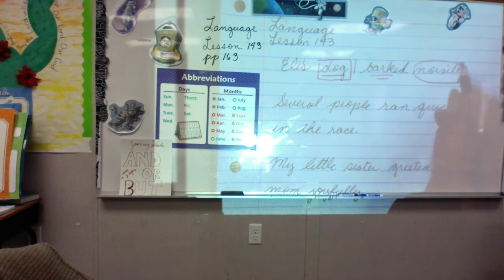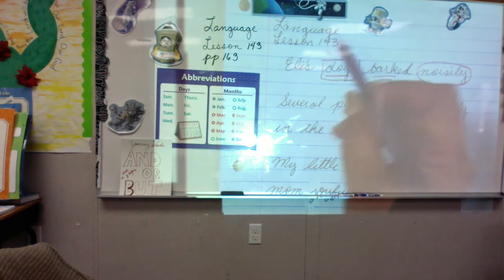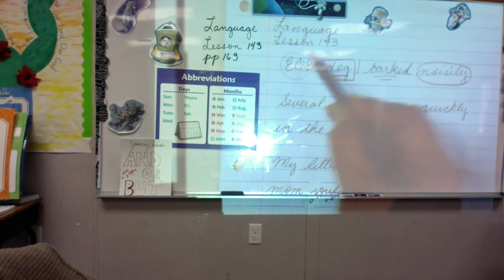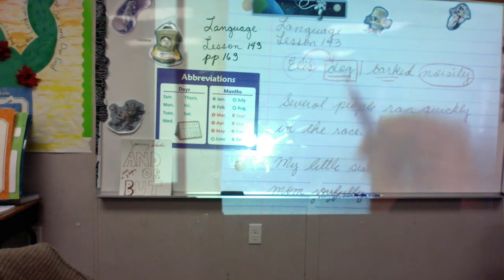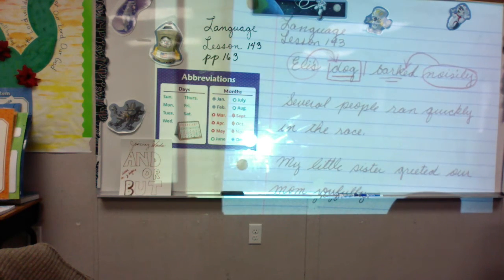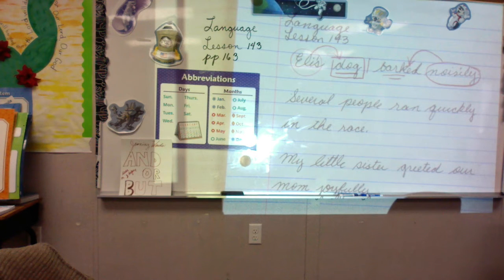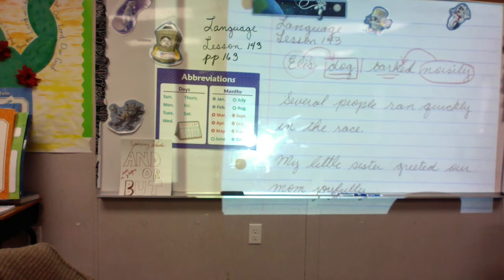Noisily is an adverb. Ellie's dog is an adjective. It's describing possession. And noisily is how he barked.